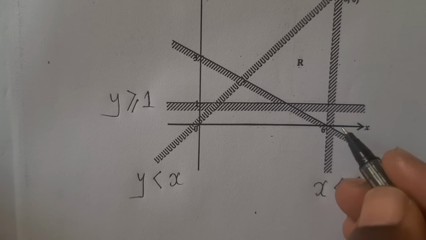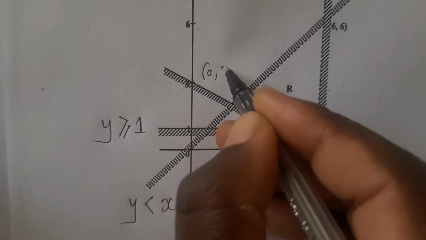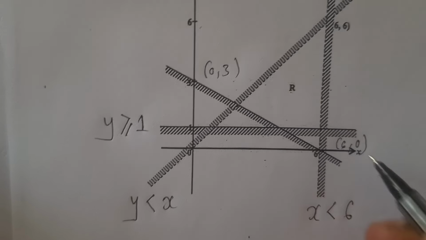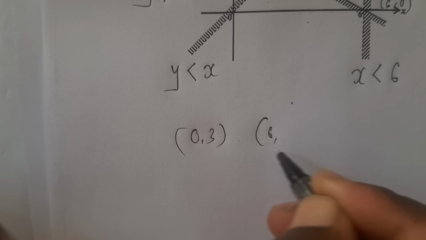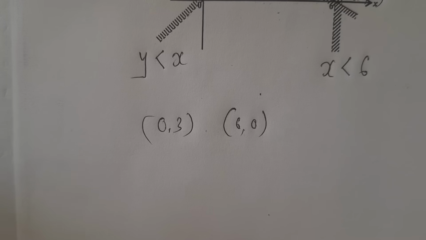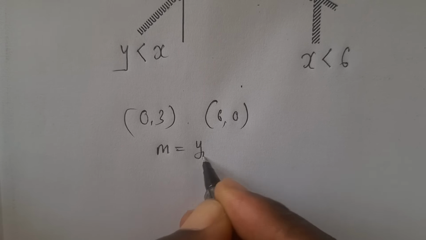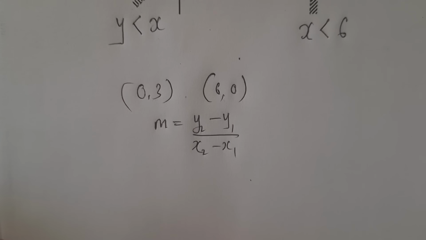For this one, you need the coordinates. Here it's 0, 3. Here it's 6, 0. So we've got 0, 3 and 6, 0. You need to find the gradient. We're going to say m is equal to y2 minus y1 over x2 minus x1.